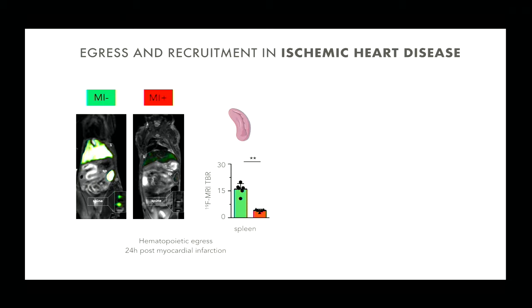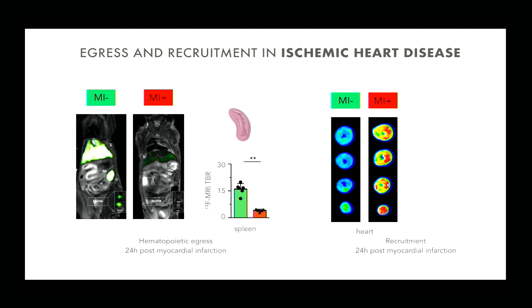The next question is, what happens with this signal? What happens with the cells that took up our nanobiologics, and can we actually track them further? We did this with radio-labeled nanobiologics and autoradiography. These are slices of hearts, and we could clearly see these hot spots in the infarcted myocardium, which show that our nanobiologics are taken up by the heart tissue.